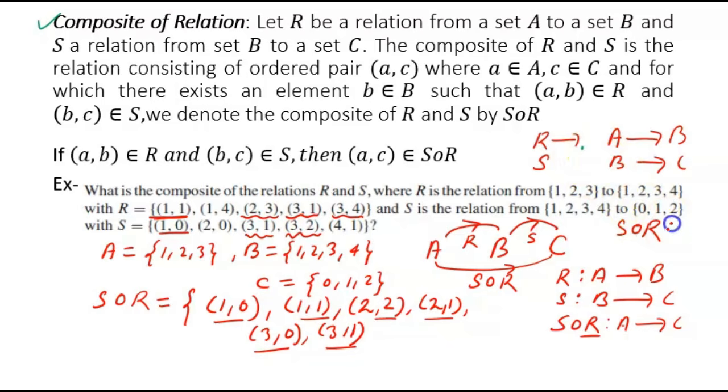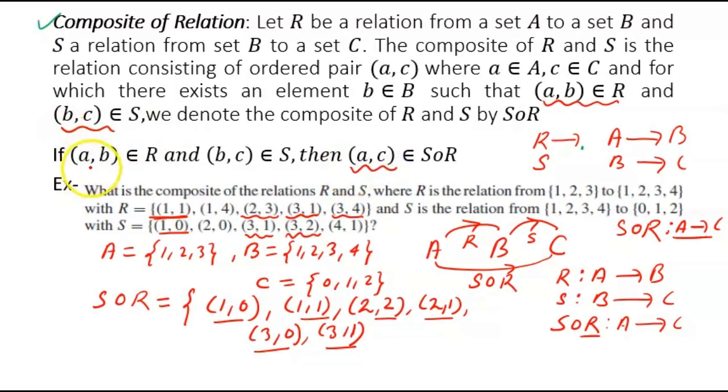So it is defined from A to C. And how is it defined? If there is an element A comma B in R, and there is an element B comma C in S, then in the composition of R and S, the element A comma C will belong.